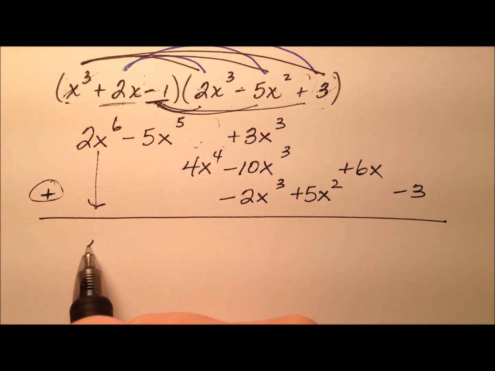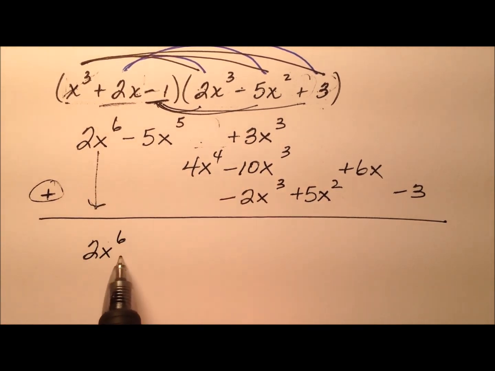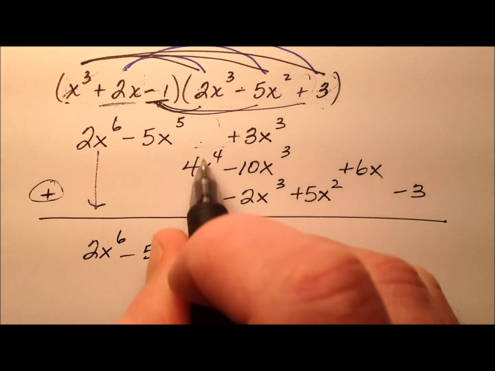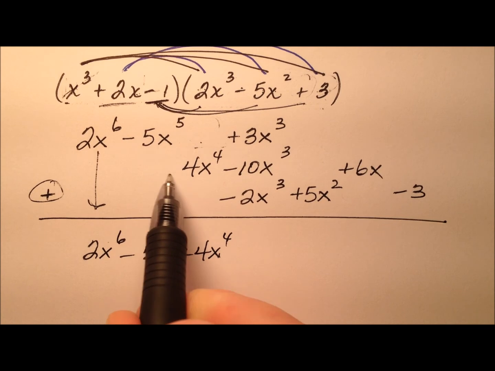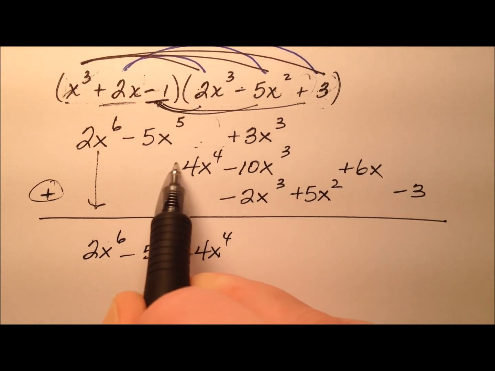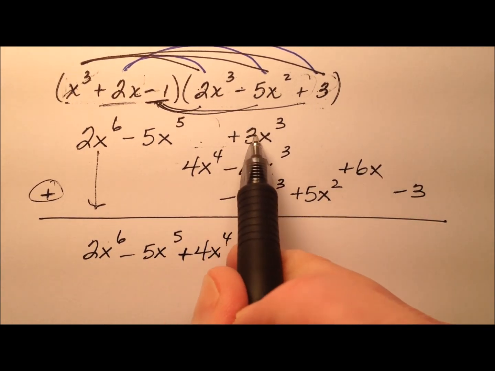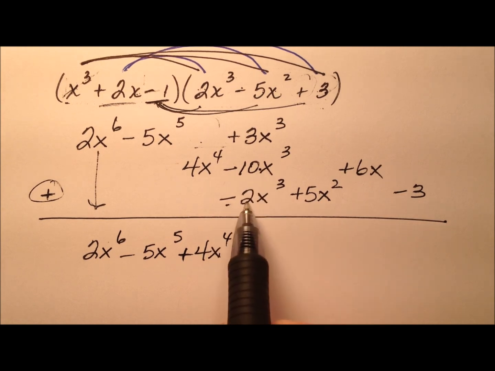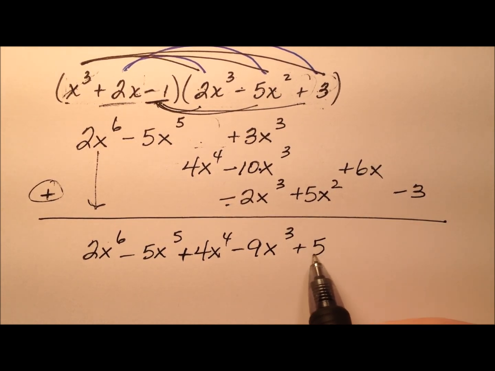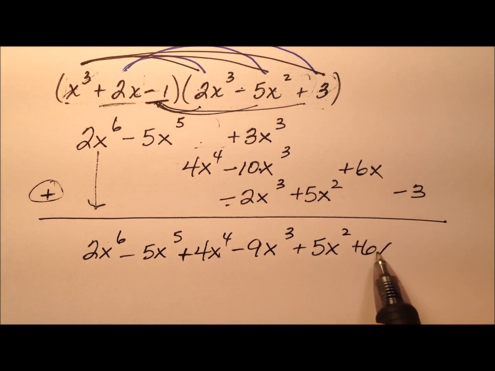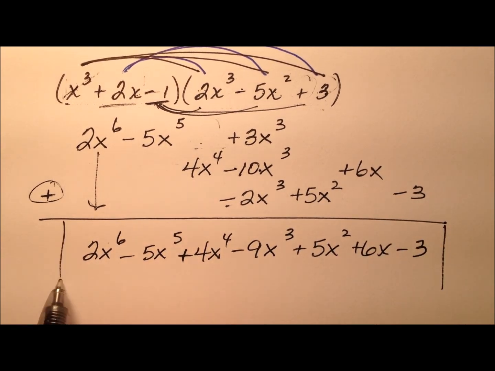So just bring it down, so 2x to the 6th minus 5x to the 5th plus 4x to the 4th. I put a plus right here because it's positive, okay? And then now 3 minus 10 is negative 7, minus 2 more is negative 9x cubed. And then basically the rest of these just come on down because there are no other like terms.